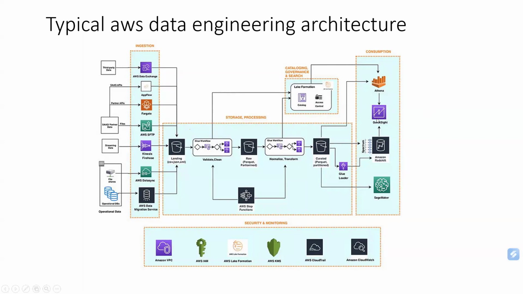Athena is an AWS resource where you can interact with the data by querying the databases. There are also security levels and monitoring which you can apply to your ETL pipeline so that it continuously monitors your pipeline and notifies you if the pipeline breaks in the middle.